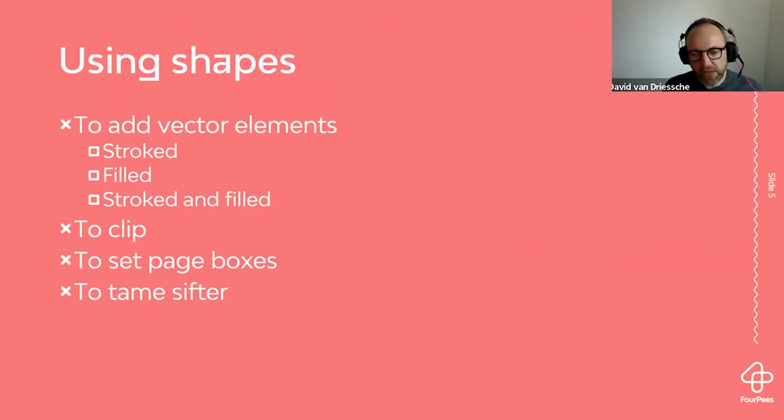And then this shapes engine, at least the definition part of shapes, can be used in Sifter. In case you have not used Sifter or looked at it, Sifter is a part of the pre-flight engine in pdfToolbox that doesn't only look at one object, but it looks at the relationships between different objects. And so one of the things that you can do is you can define a shape and then ask Sifter whether certain objects come into close proximity of that shape.